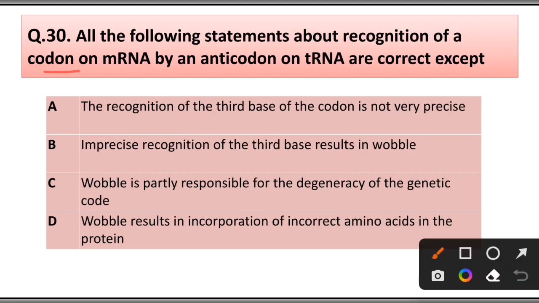All of the following statements about recognition of codon on mRNA by an anticodon on tRNA are correct except: the recognition of the third base of the codon is not very precise; imprecise recognition of the third base results in wobble; wobble is partially responsible for degeneracy of the genetic code; wobble results in incorporation of incorrect amino acid in the protein. Correct answer is option D.